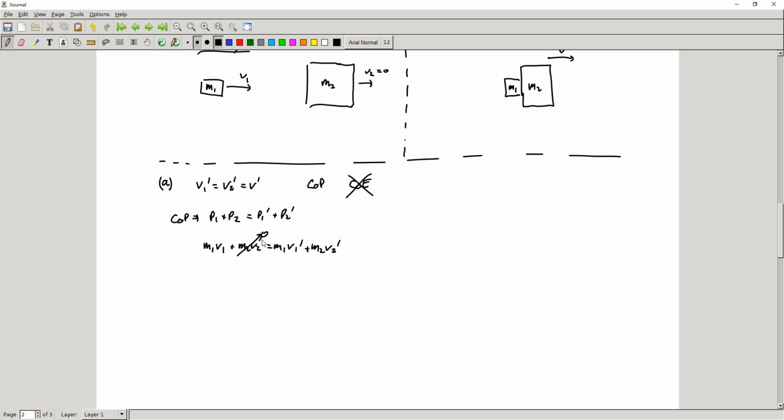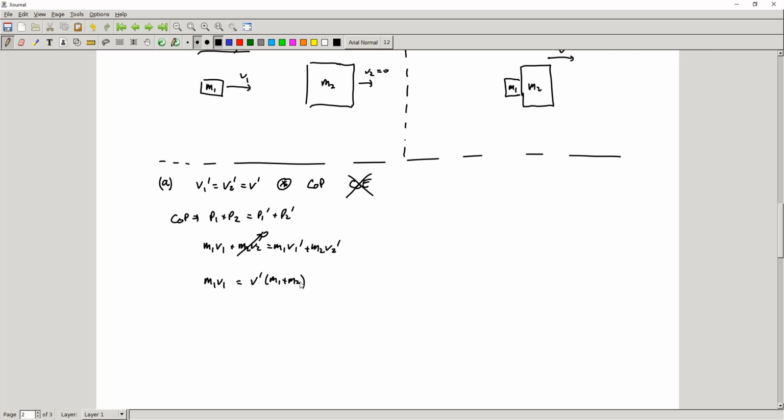It had an initial velocity of 0, so that term is going to go to 0. And we can make use of this condition up here, our perfectly inelastic collision where our final velocities have to be equal, to simplify the equation. And if we do that, we end up with M1 V1 is equal to V prime times M1 plus M2. Basically I've just rewritten the V1 prime and the V2 prime as V prime because we know they're equal, right? And then collected terms up.